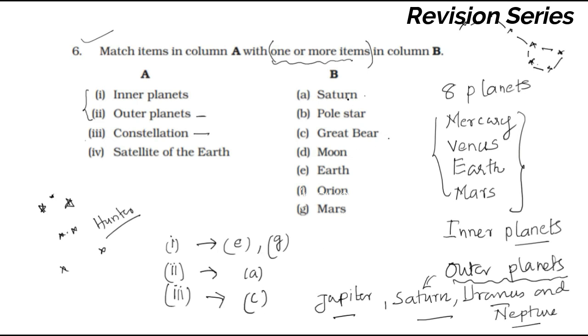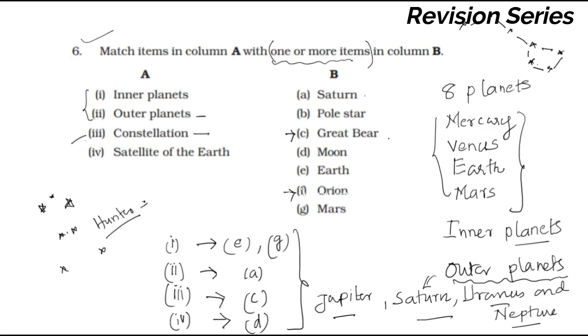Okay, just have a look in this option, is any other constellation there or not. We have missed one of the options here, right? And that is why we have to be very, very clear and focused in reading. And can you tell me what is that we have missed? As far as constellation is concerned, we have taken a comparison with only C, right? But there is one more constellation here which is called Orion constellation, which we have discussed.